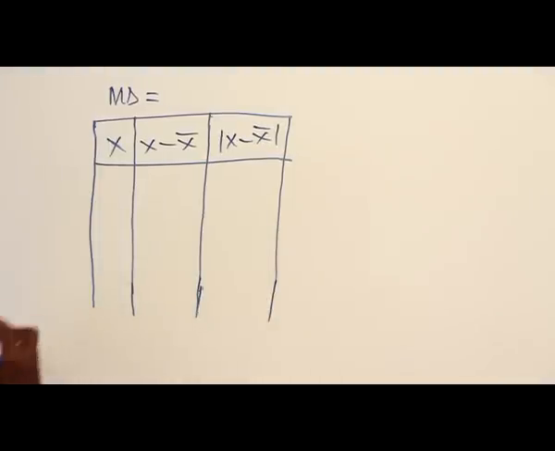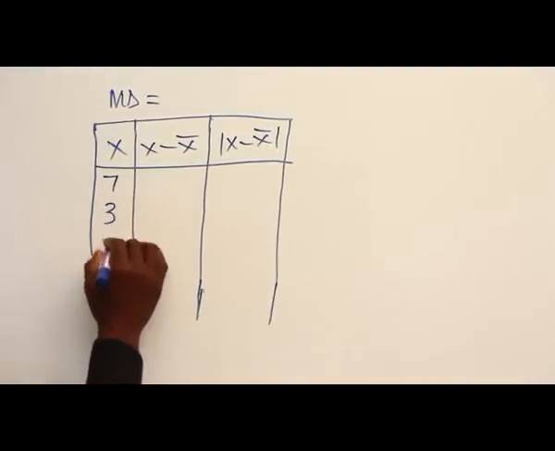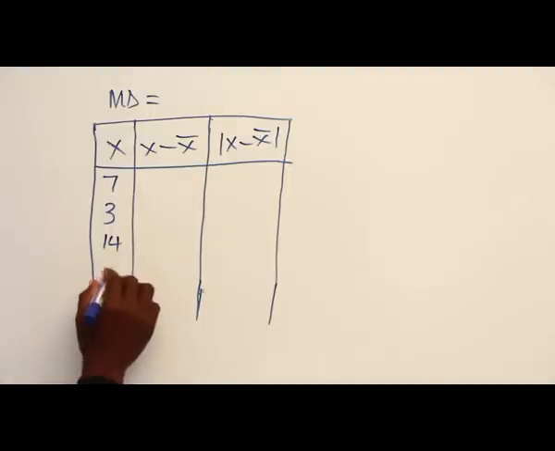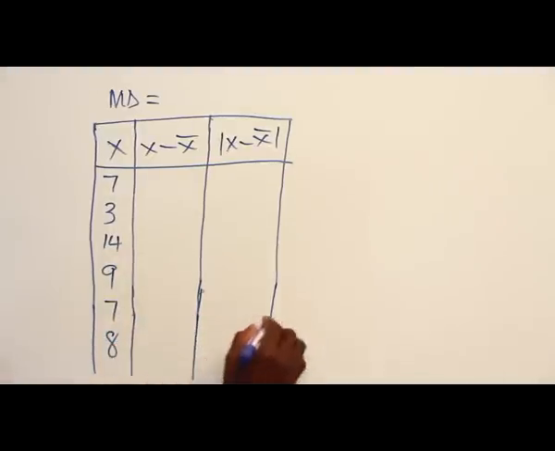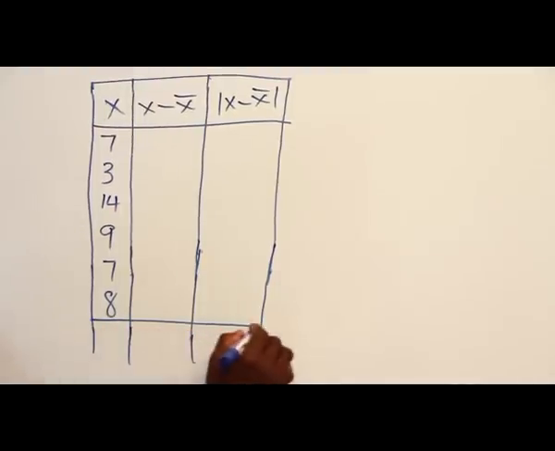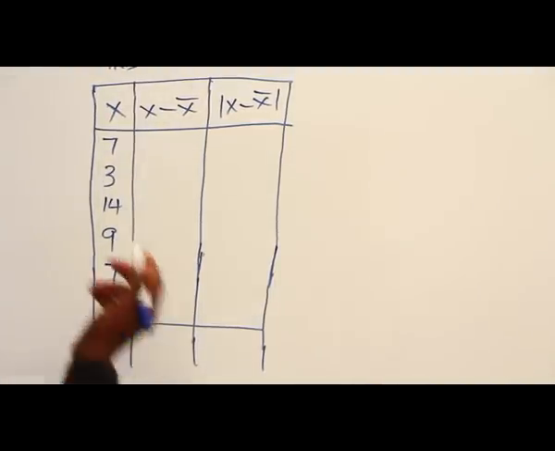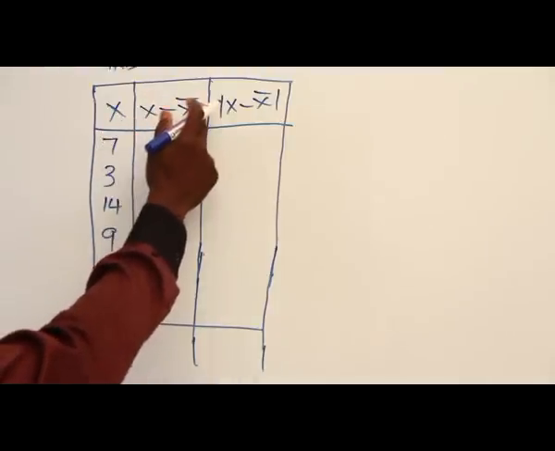So looking at the question, the figures are 7, 3, 14, 9, 7, 8. Since the mean is 8, we do this operation, x minus mean of x.